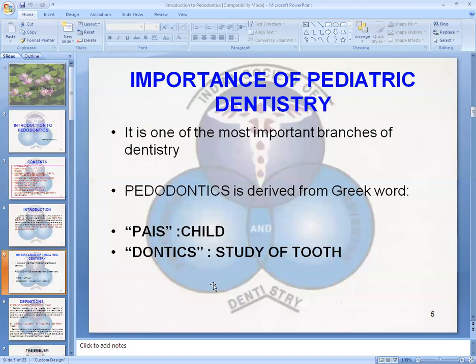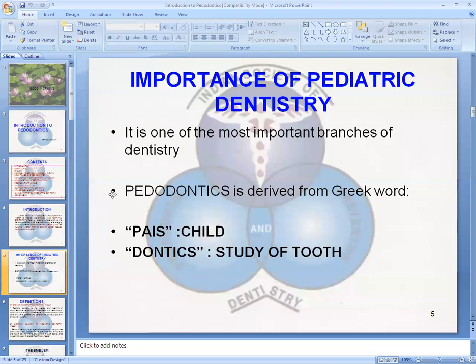So it's very difficult to manage such patients. So behavior management is a very important part of pediatric dentistry. We will see in detail what pediatric dentistry is involved with.